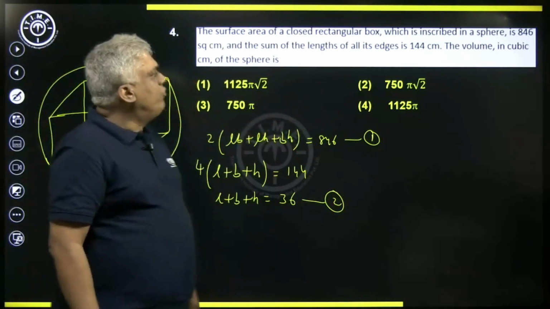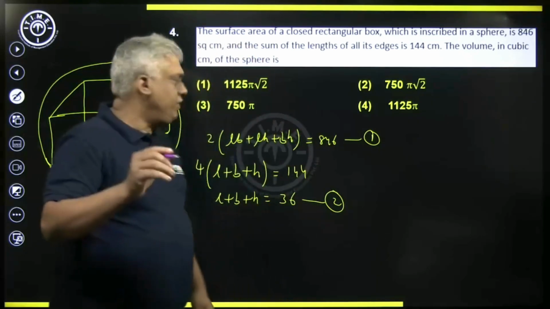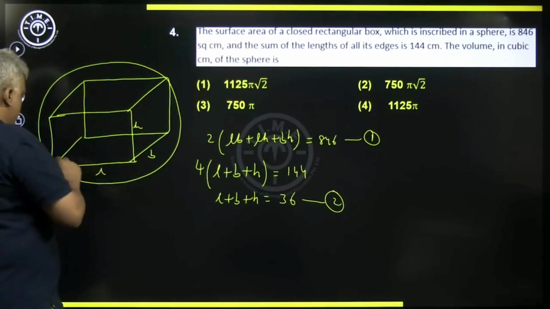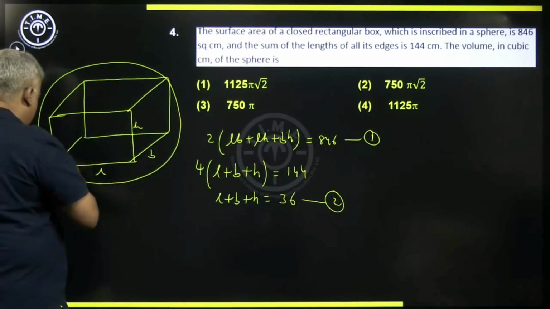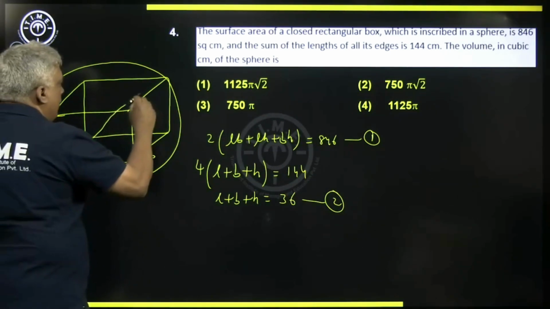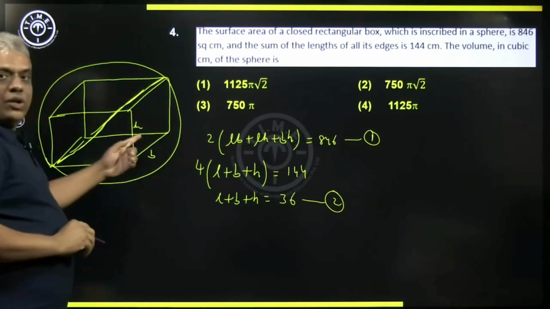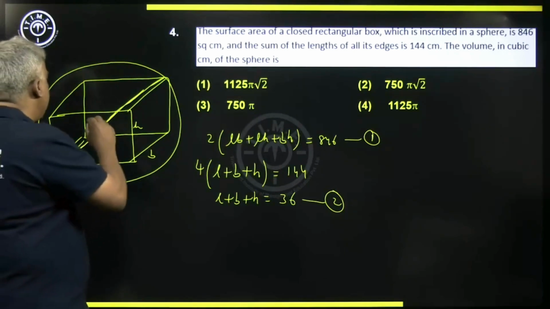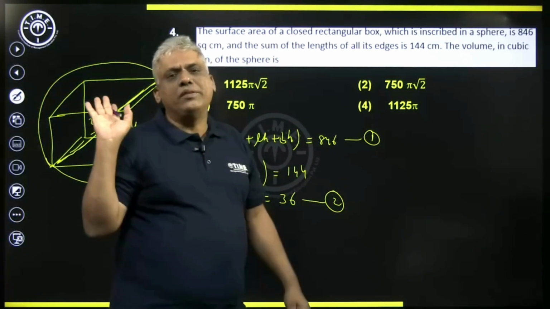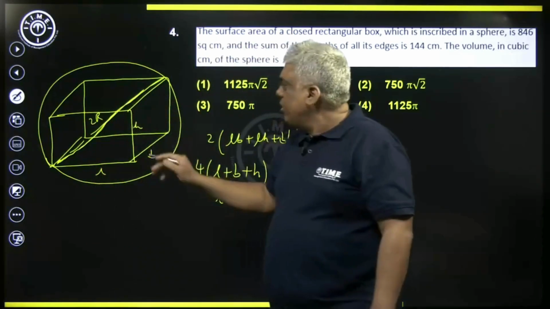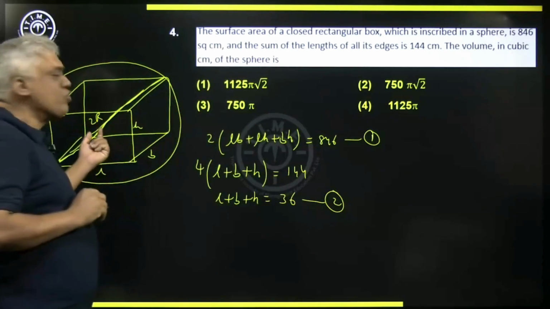What we want is the volume of the sphere. Now, if you join the body diagonal, from this corner to that corner, the diagonal of this rectangular box, the cuboid, will be the diameter of the sphere, which is twice the radius.